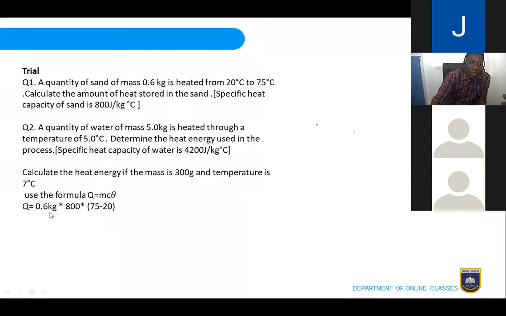We know the m to be 0.6. The c is the specific heat capacity, which is 800, times the theta. The theta is the temperature difference, which is 75 minus 20.